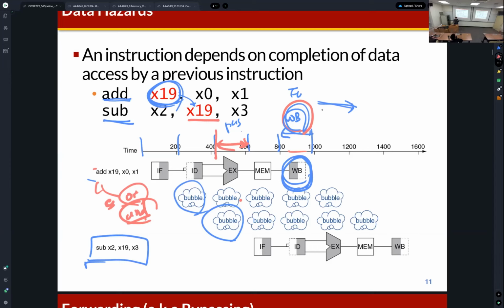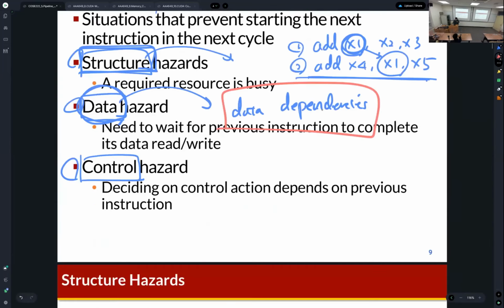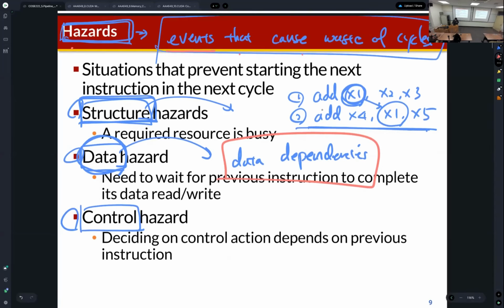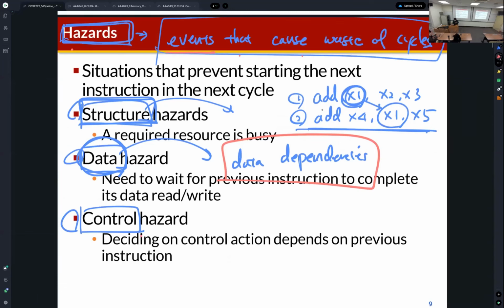And this is not called the data hazard, right? Because the clock cycles are not wasted. So just remember the definition of hazard. Hazard means the events that cause waste of clock, which means that if the clock cycles are not wasted, this is not called a hazard. Okay, good question.